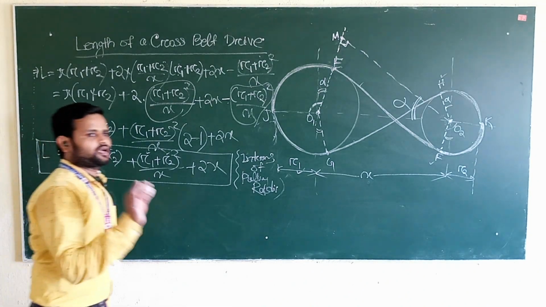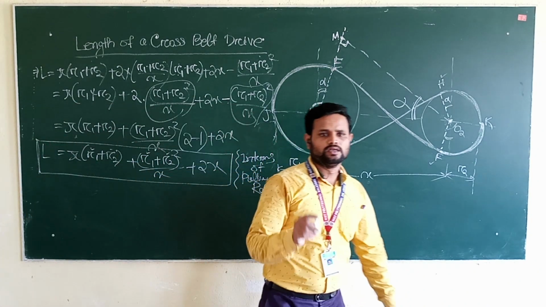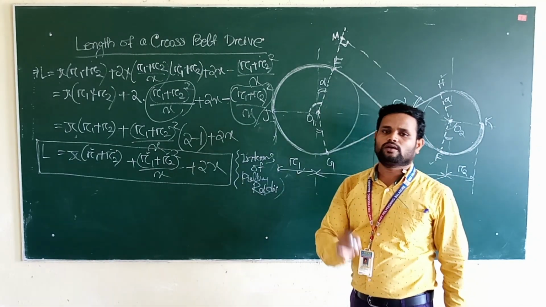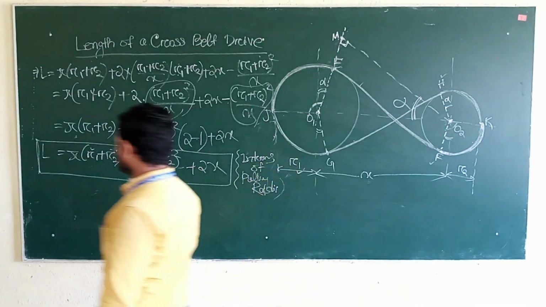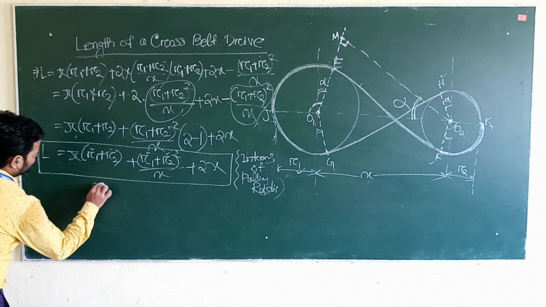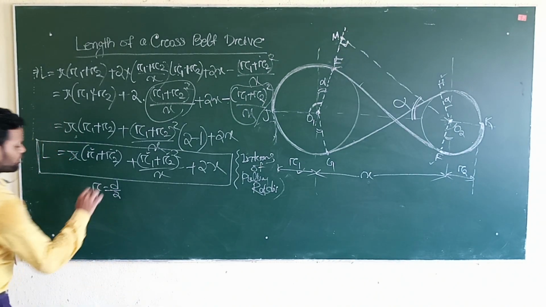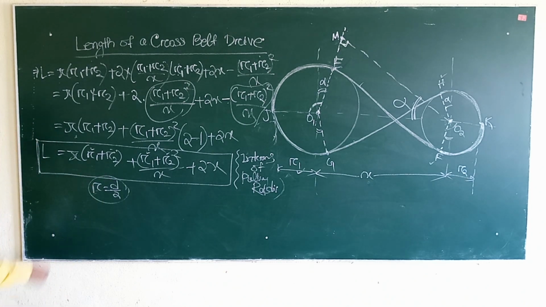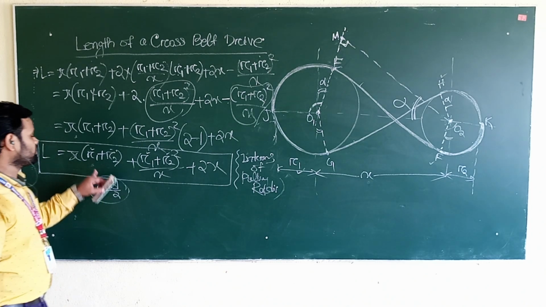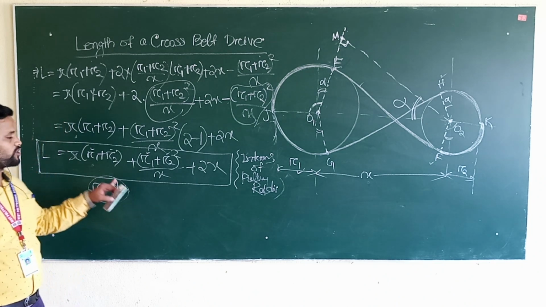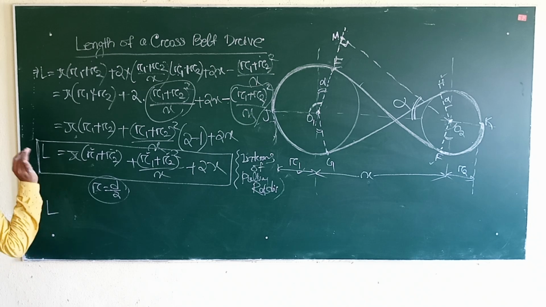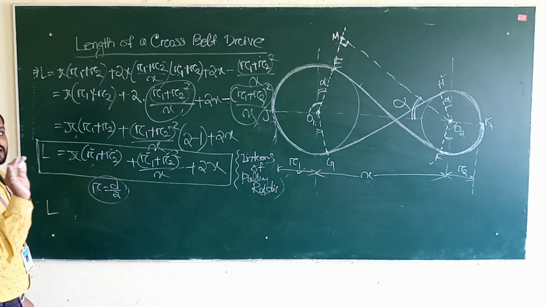Now if in the question it is asked what is the length of a cross belt drive in terms of diameter, then we know that radius equal to diameter by 2. So in place of radius we can write diameter by 2. For larger radius it is r1 and d1, for smaller radius it is r2 and d2. So now we can write the equation in terms of pulley diameter.